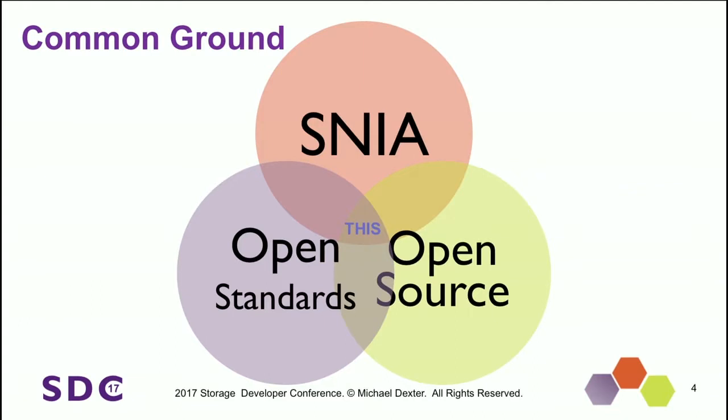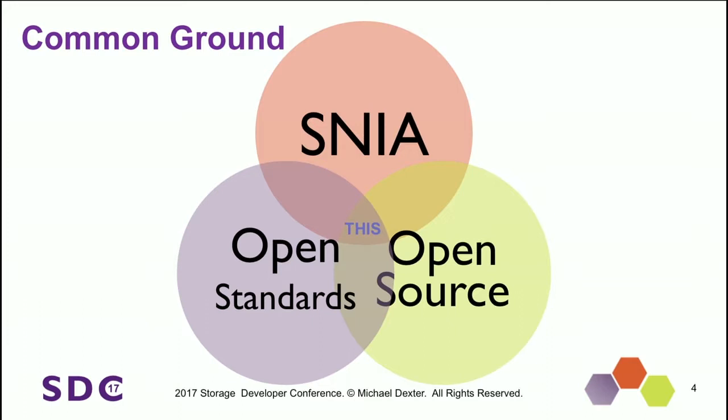So here's a visual representation of where SNIA operates. It has its standards that are close to home. There's clearly a very strong industry of open standards, be it the RFCs, be it IEEE, be it you name it. Then, of course, there's open source, which is equally standards-driven and equally chaos-driven.